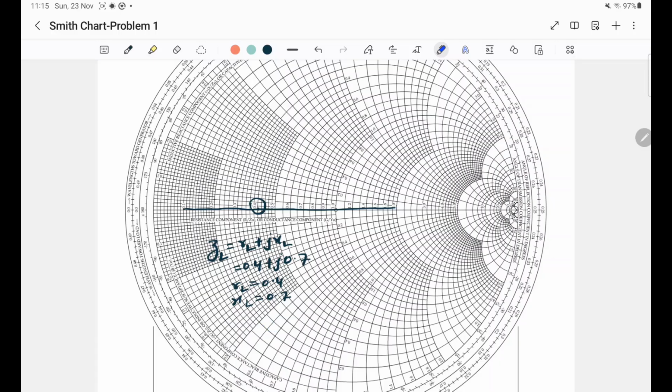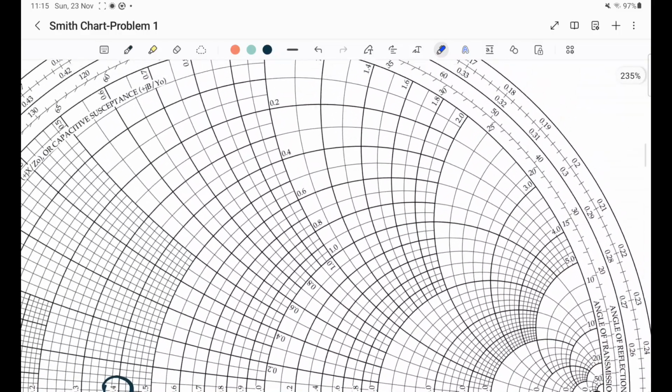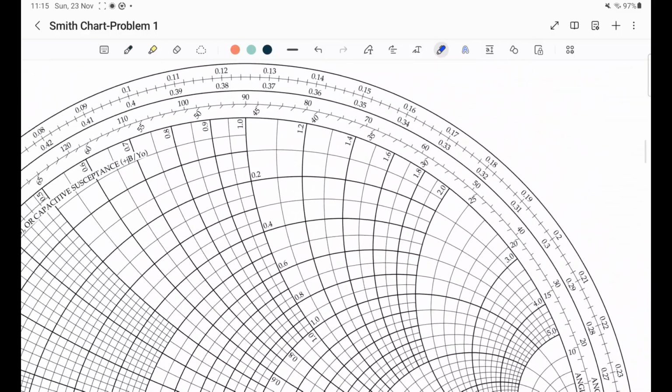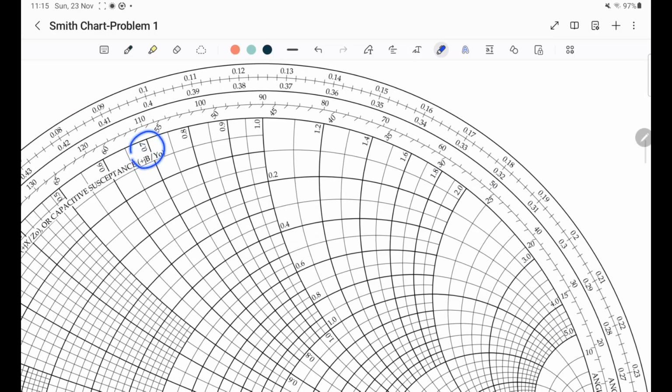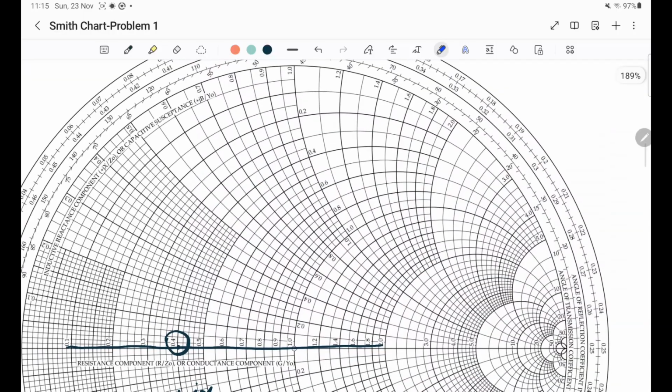Similarly for xL equals 0.7. Since this is plus j, we are going to look at the upper half of the Smith chart. Here you have 0.7 marked. Therefore, this particular circle will be xL equals 0.7.